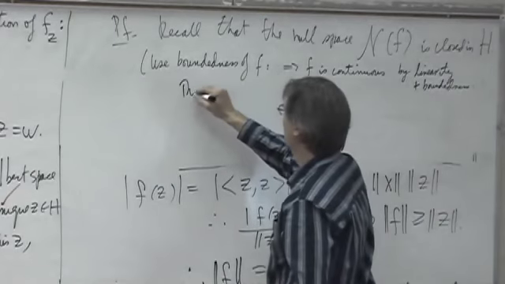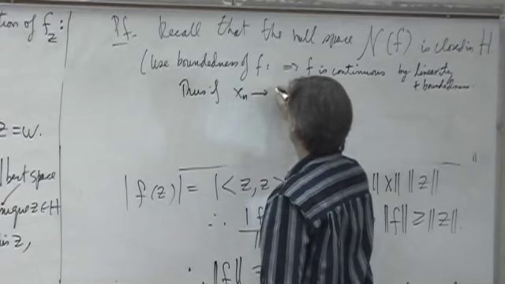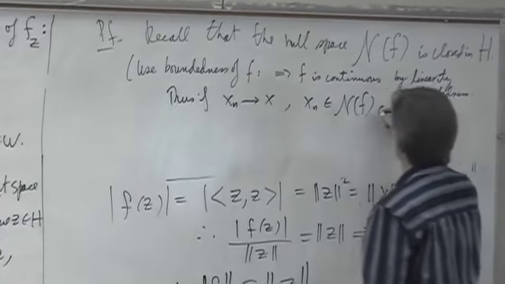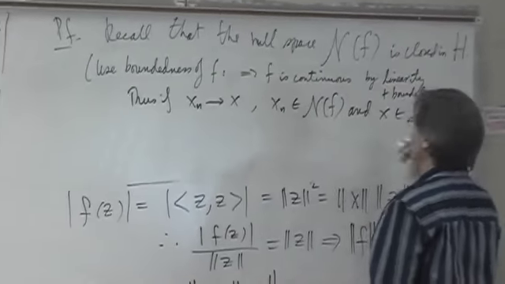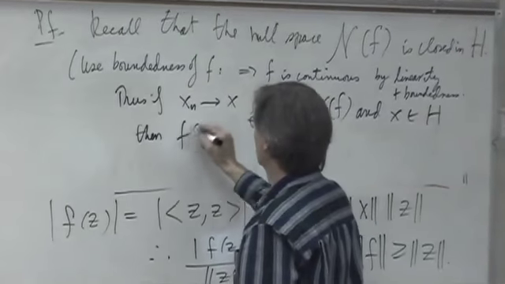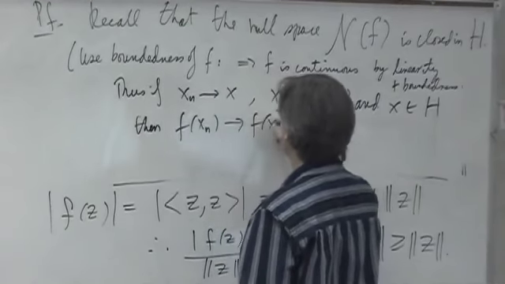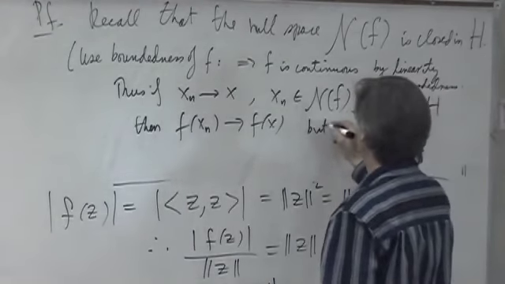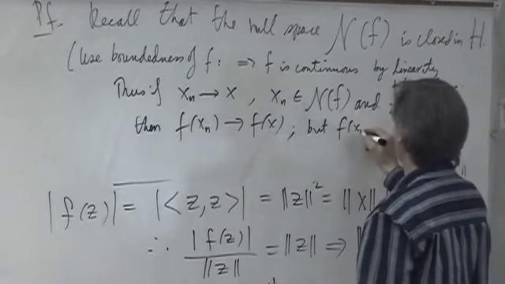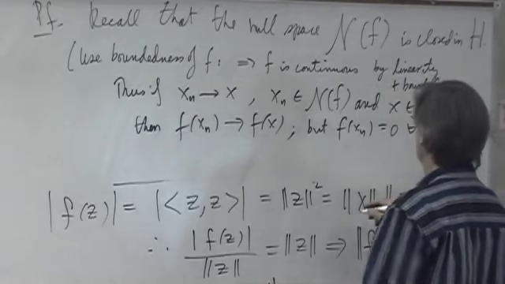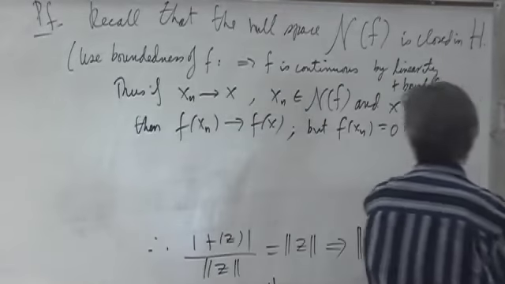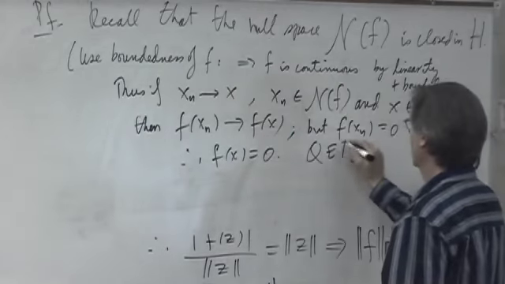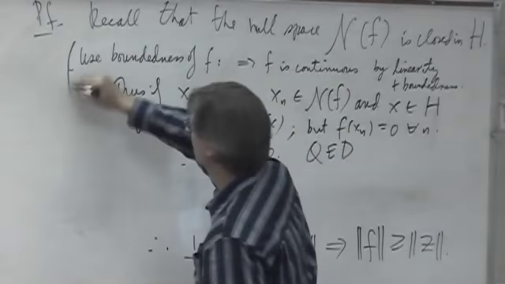Thus, if xn goes to x, where xn is in the null space and x is in H, then f of xn goes to f of x by continuity, but f of xn is equal to 0 for every n. Therefore, f of x is equal to 0. QED, for that little parenthetical remark.